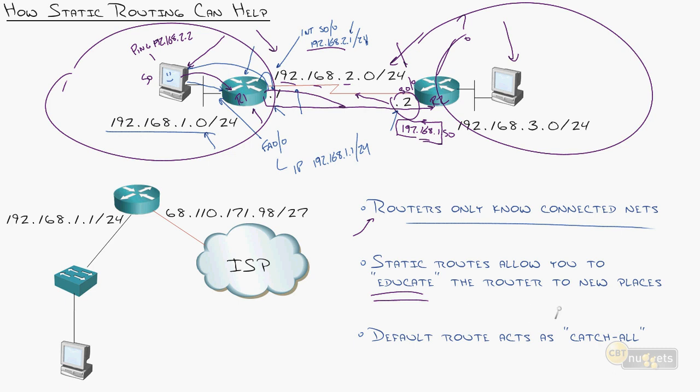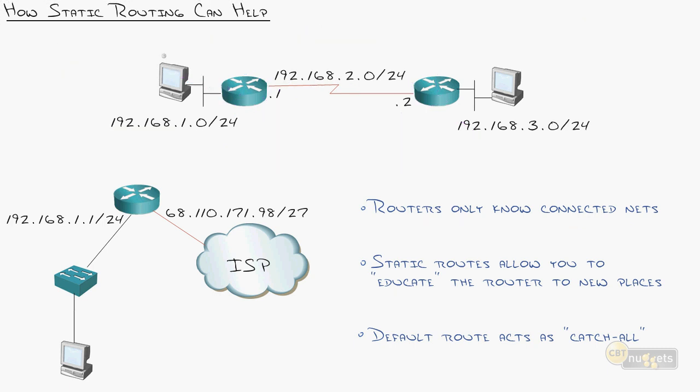What that means is you and I, as Cisco administrators, get involved to tell these routers where to go. So if I'm wanting to use static routes, I would come to router 1 here on the left-hand side, and I would say, hey, router 1, to reach the 192.168.3.0 network, which is something that you don't know how to reach because it's not directly connected to you, it's directly connected to router 2, but you don't know that.